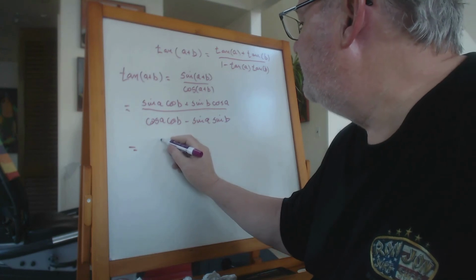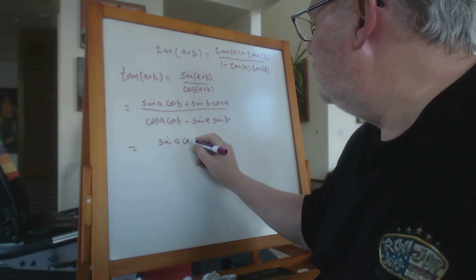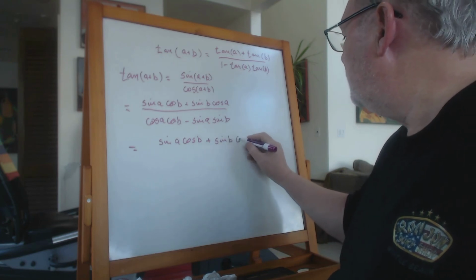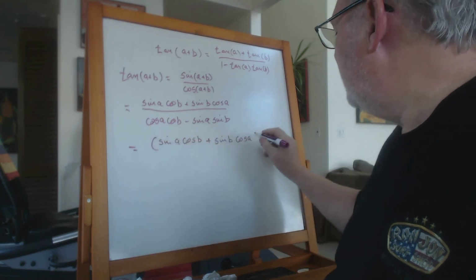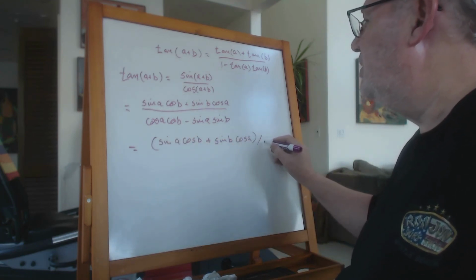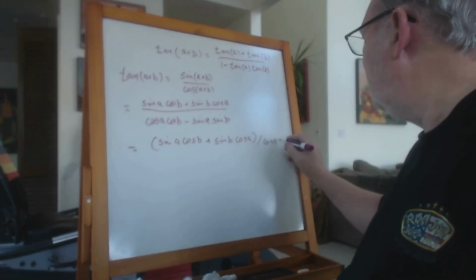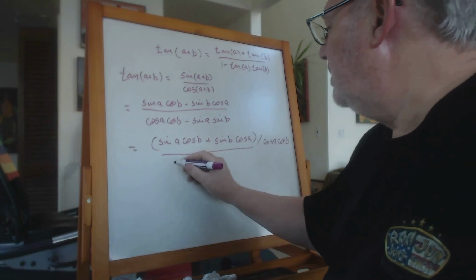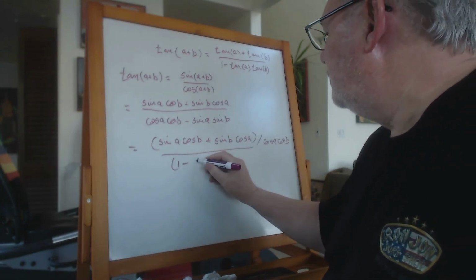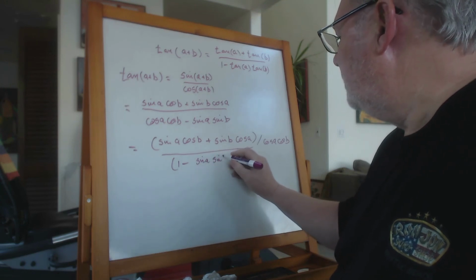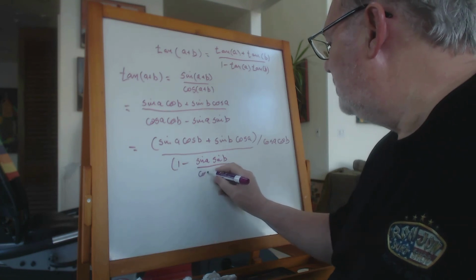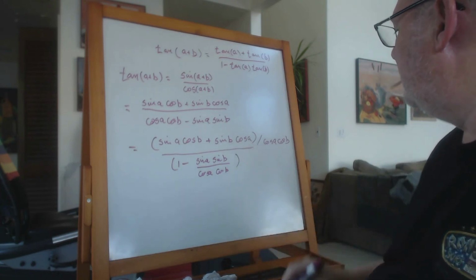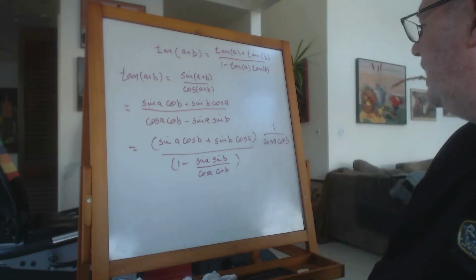So we have sine A cos B plus sine B cos A, all divided by cos A cos B times 1 minus sine A sine B over cos A cos B. So we got part of it right there. I pulled it out, and this is multiplied.